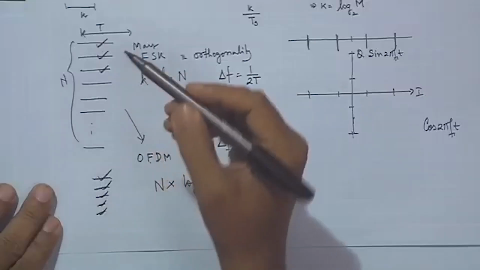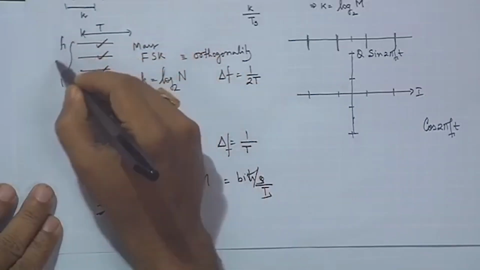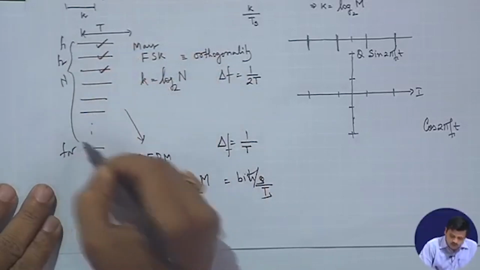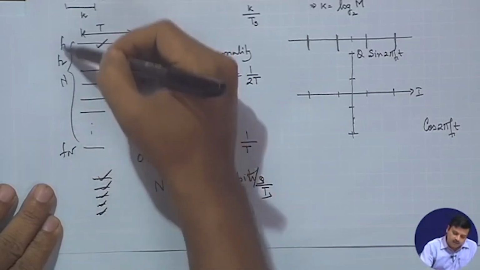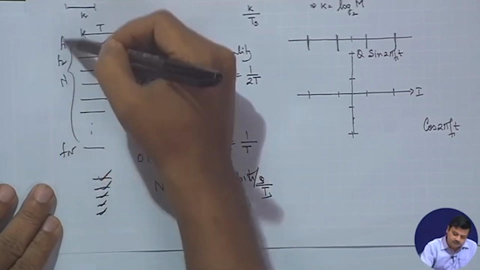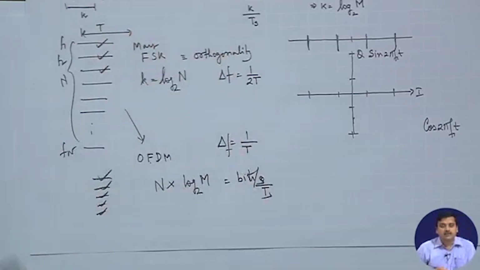So, moving further, if you look at FSK, where you do FSK, you are selecting one of these frequencies. That means there could be N different frequencies, and of these N different frequencies, you could be choosing any one.